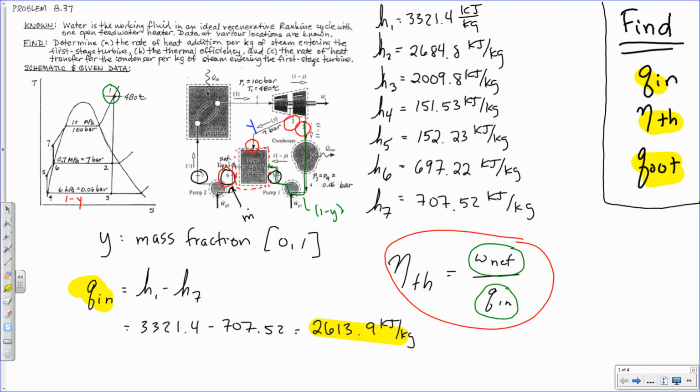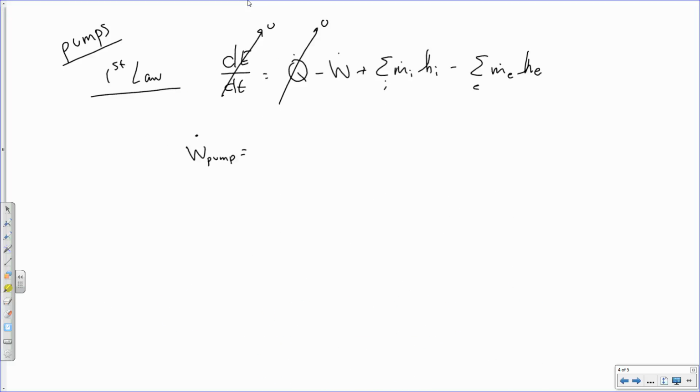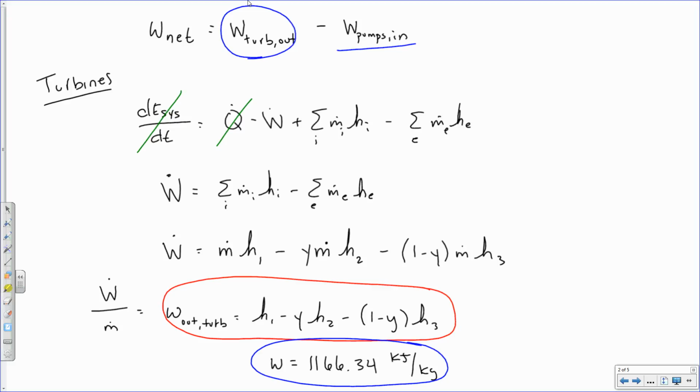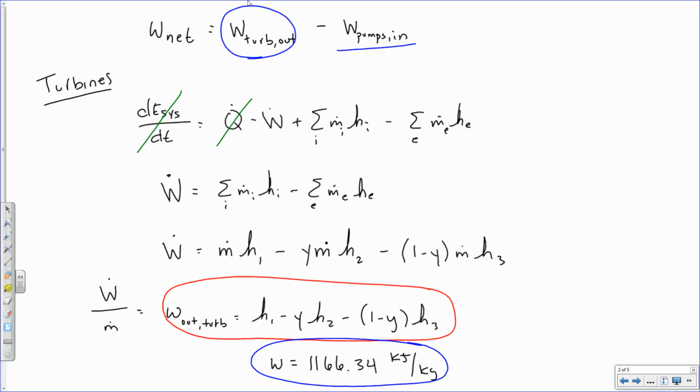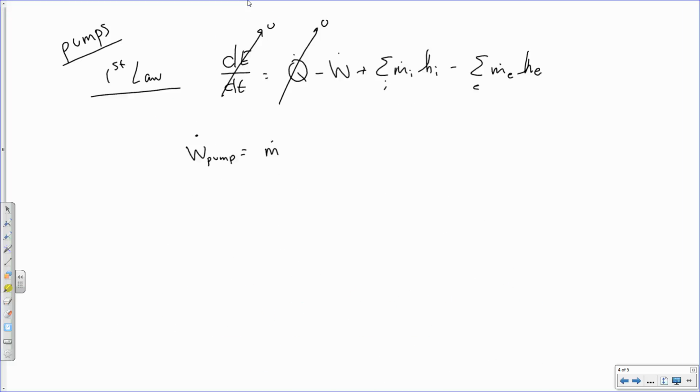So when we draw out our first law for our pumps, W dot for the pumps, we want to include the fact that we have m dot times all of the inlets. We have an inlet at 4. h4 minus h5.